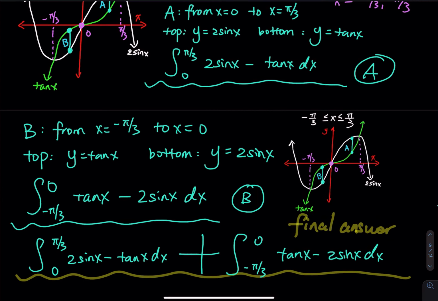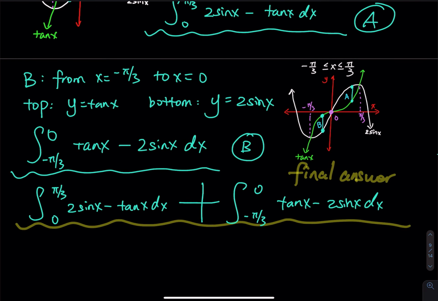So this one, do you see that this is origin symmetry? Origin symmetry, what does that mean? That means the area of A is equal to the area of B. Do you agree with that? So what that means is, this is what we can do. So let me show you.